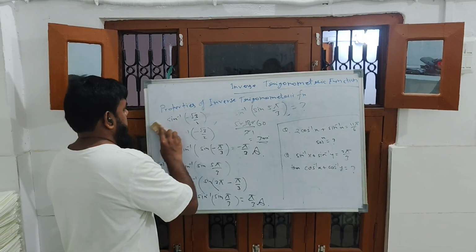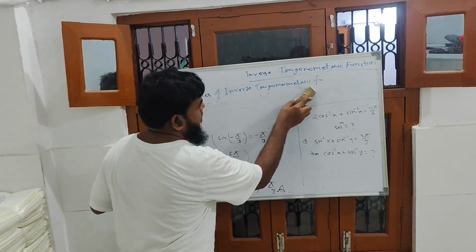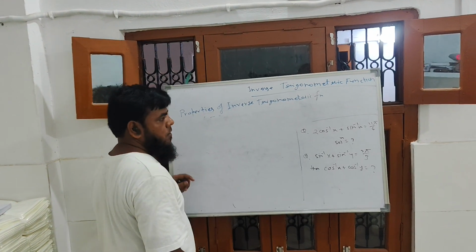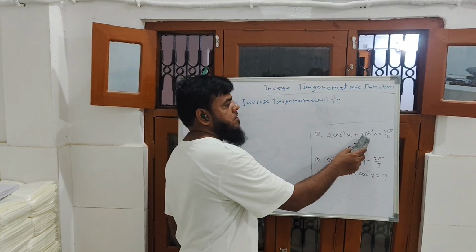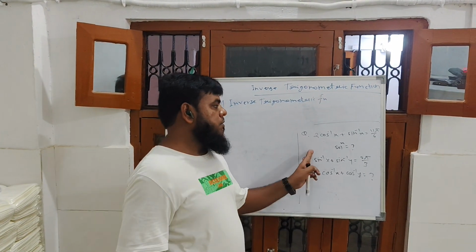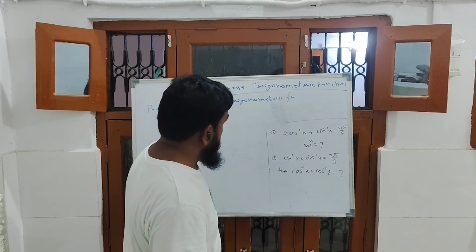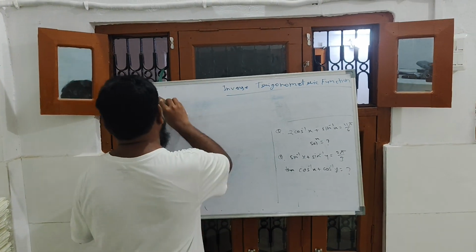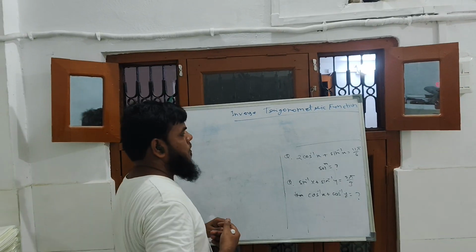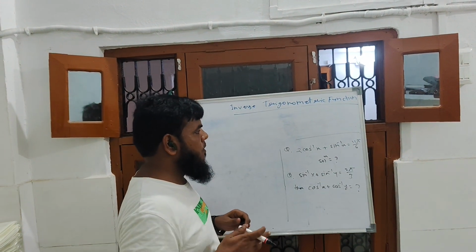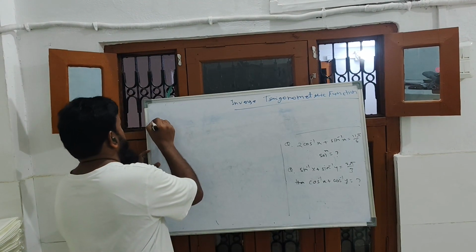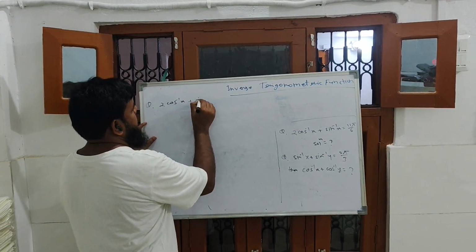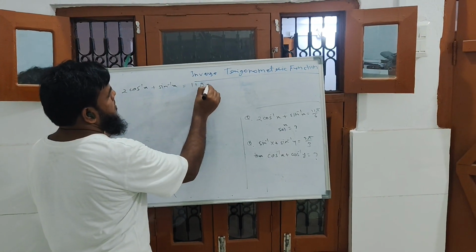Now we will solve this question. The question is 2 cos inverse x plus sin inverse x equal to 11 pi by 6.